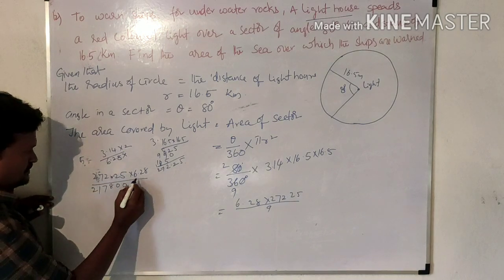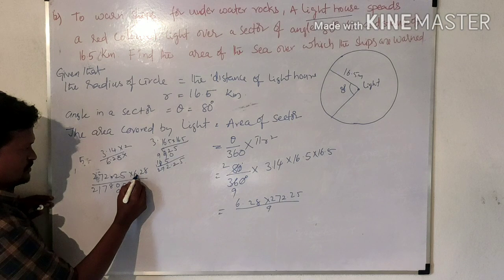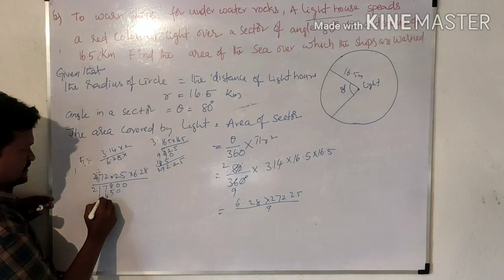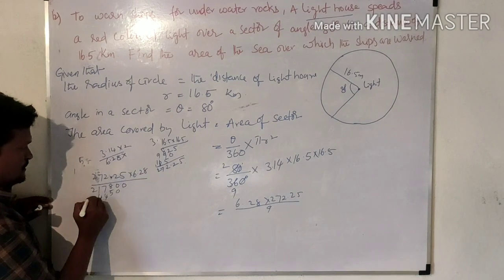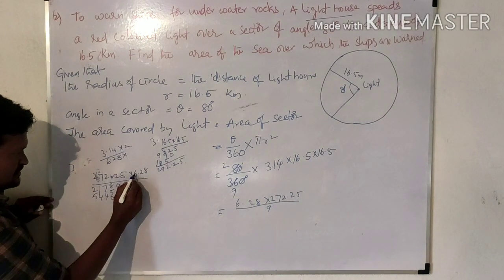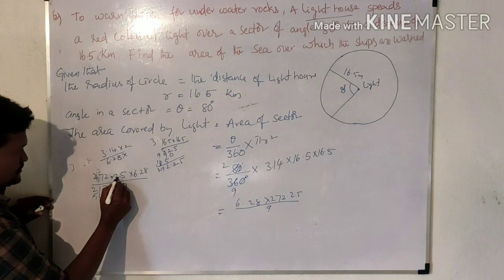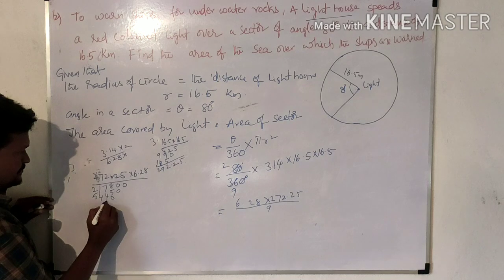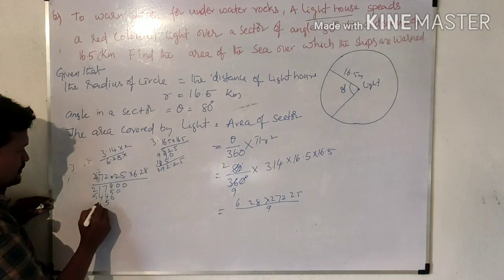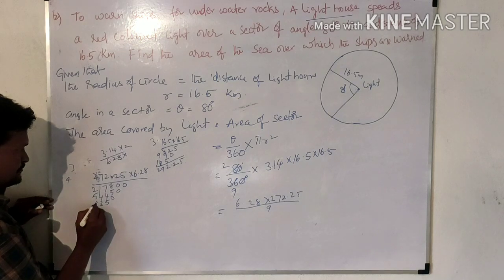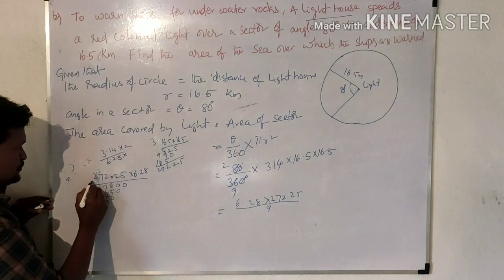Next, 2 fives are 10, 2 twos are 4, and so on. Then 6 fives are 30, 6 twos are 12 plus 3 is 15, 6 twos are 12, 13, 6 sevens are 42, 43, 6 twos are 12.